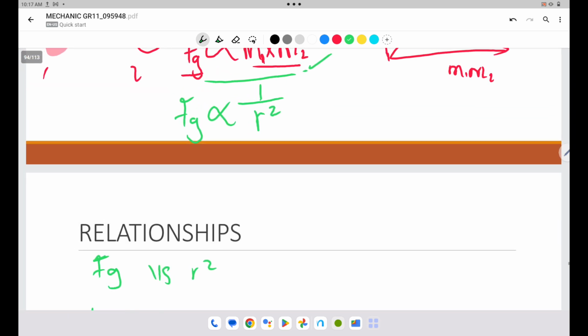Remember that there are two ways of interpreting this.